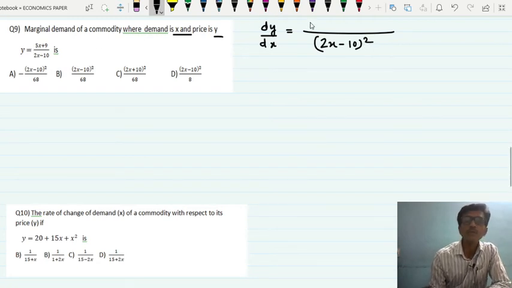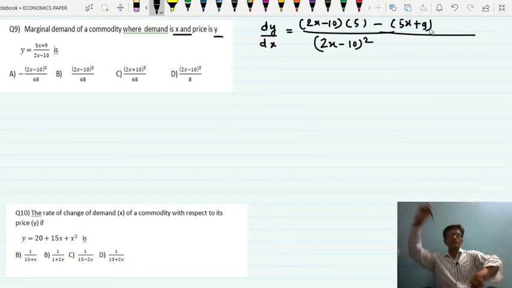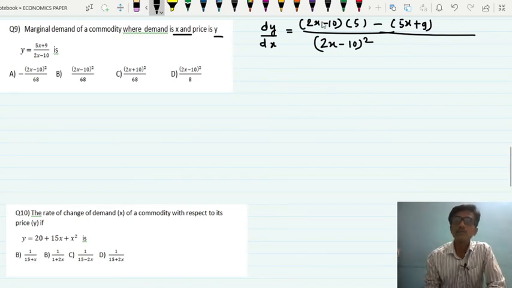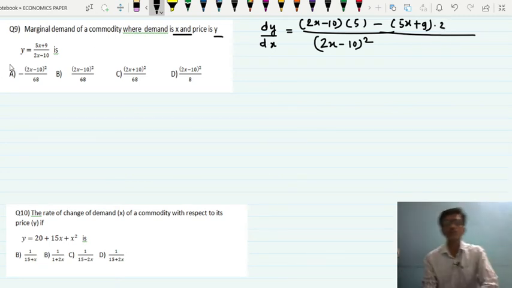V, that is 2x minus 10, into derivative of u, that is 5, minus u, that is 5x plus 9, into derivative of v. Derivative of v will be 2, as 2x minus 10's derivative is 2.